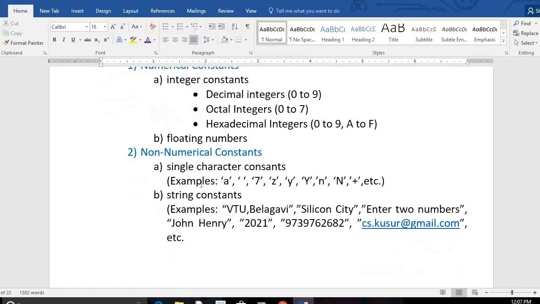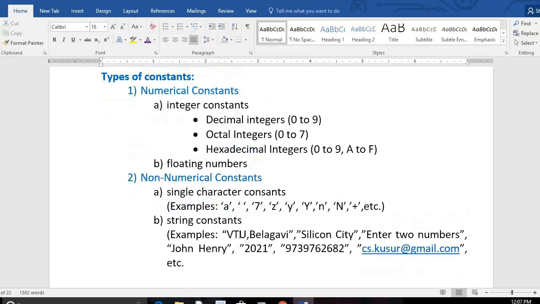In non-numerical constants, single character constants and string constants. One student writes in this way, another writes like that. Both answers are right. Now we discuss integer constants. In integers, you can say three types. Many more are there, but we discuss only three: decimal integers, octal integers, hexadecimal integers. We discuss all three.